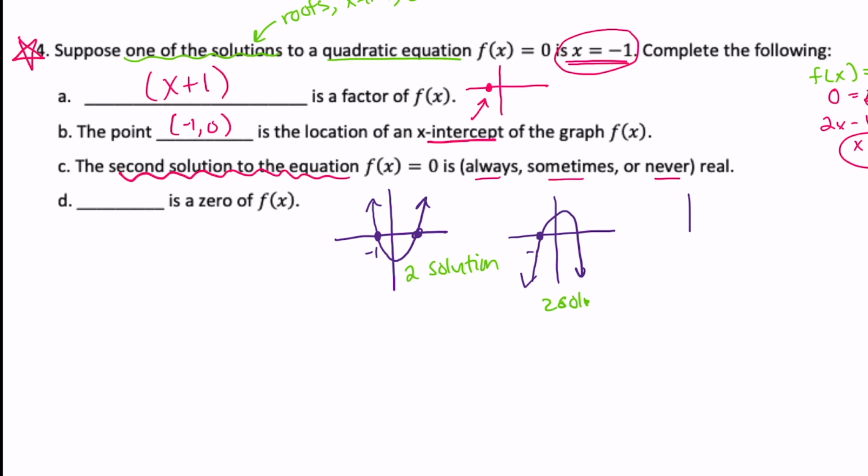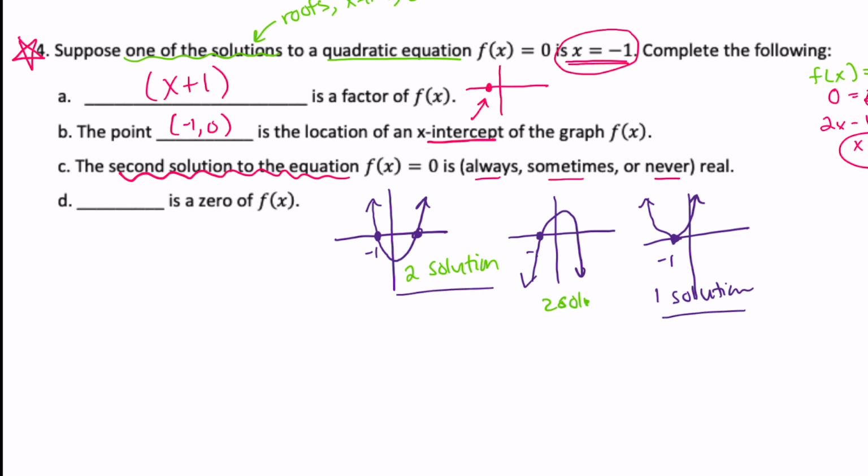Is there a possibility we could just have one real solution there? Well, if we pop down, tap that solution, and bounce back up, we know that that's a one solution situation, but the multiplicity would be 2 because there's a bounce there. Am I missing a situation? 2 solutions, 1 solution.